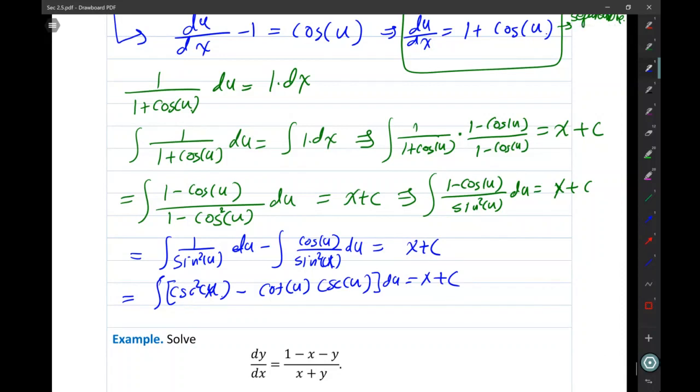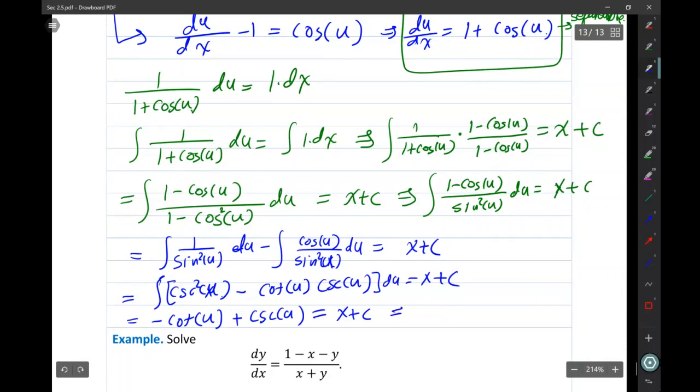Okay, now what's the integral of cosecant square? It is minus cotan u. The integral of minus cosecant cotan is cosecant, equal to x plus c.